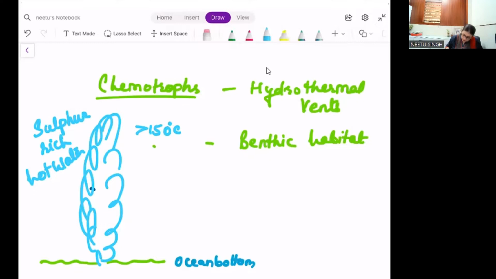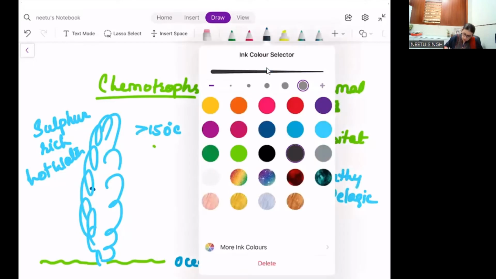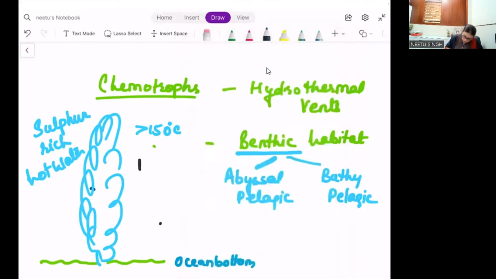Mind it, it can start from the bottom, but because the hot water can get ejected to the shallower water, chemotrophs and hydrothermal vents in benthic habitat are likely to include abyssopelagic and bathypelagic also. It is at this location that you have a variety of worms and clams.